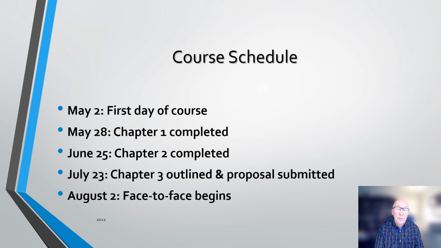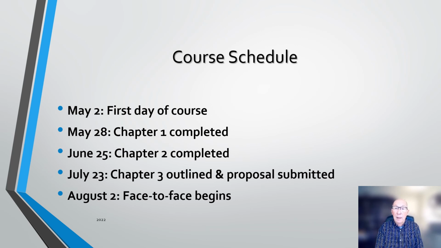By the end of June, on June 25th, we will have finished Chapter 2. Chapter 2 will be all of your literature review. It should include articles, books, perhaps there's other documents or other resources that you find related to your topic. You're going to review all of that, write that up in a chapter that may be 15 to 20 pages long.